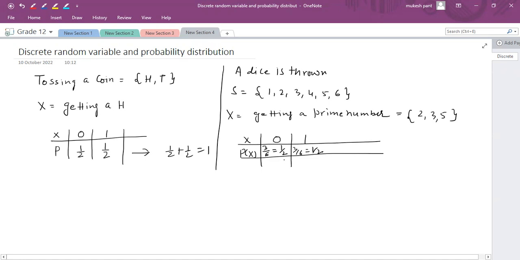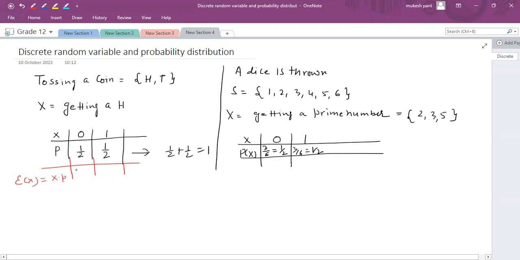I think you have understood what a discrete random variable is from these two examples. There are a few points you must know when working with discrete random variables and their probability distributions. One new term you will learn here is expected value. The expected value of X, E(X), is the sum of x times p.